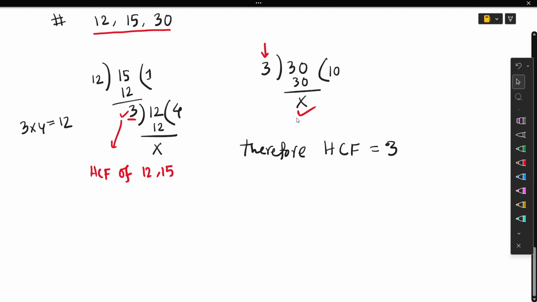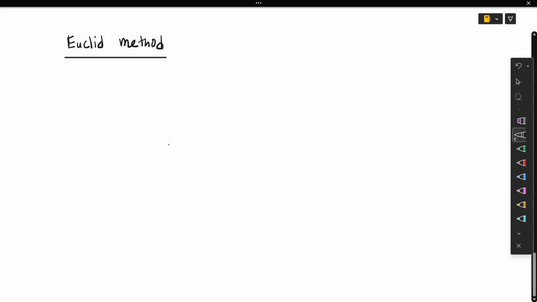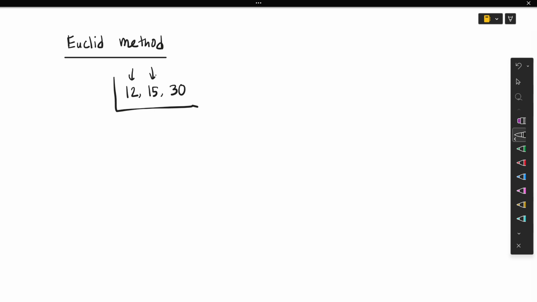Now let's use the Euclid process. Euclid method. To use the Euclid method, we take 12, 15 and 30 here. Now think of dividing all these three values with a number. Let's start with 2.